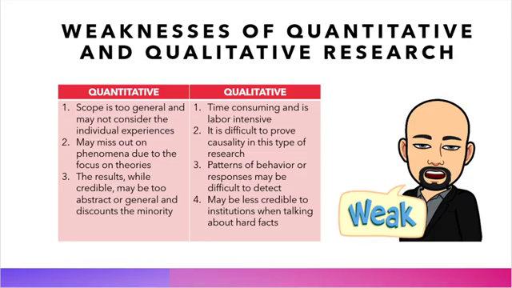Unlike quantitative research, wherein if the result falls under a certain statistical range, then we can say that yes, there is a significant relationship, or yes, there is a significant effect, inversely or directly. We cannot do that with qualitative research. Third, patterns of behavior or the responses of the participants may be difficult to detect.